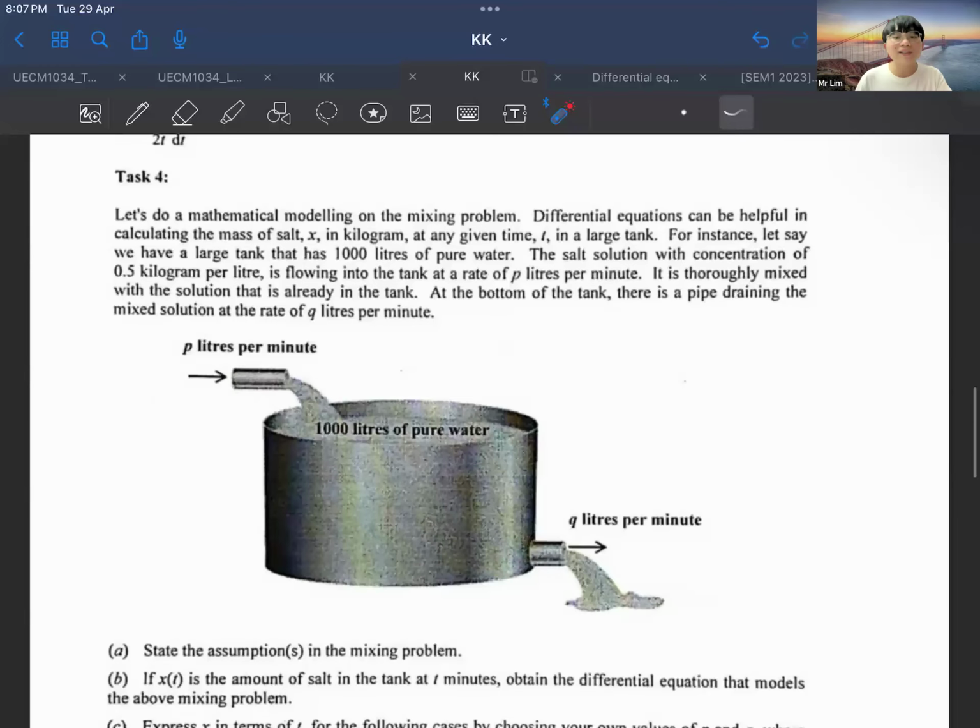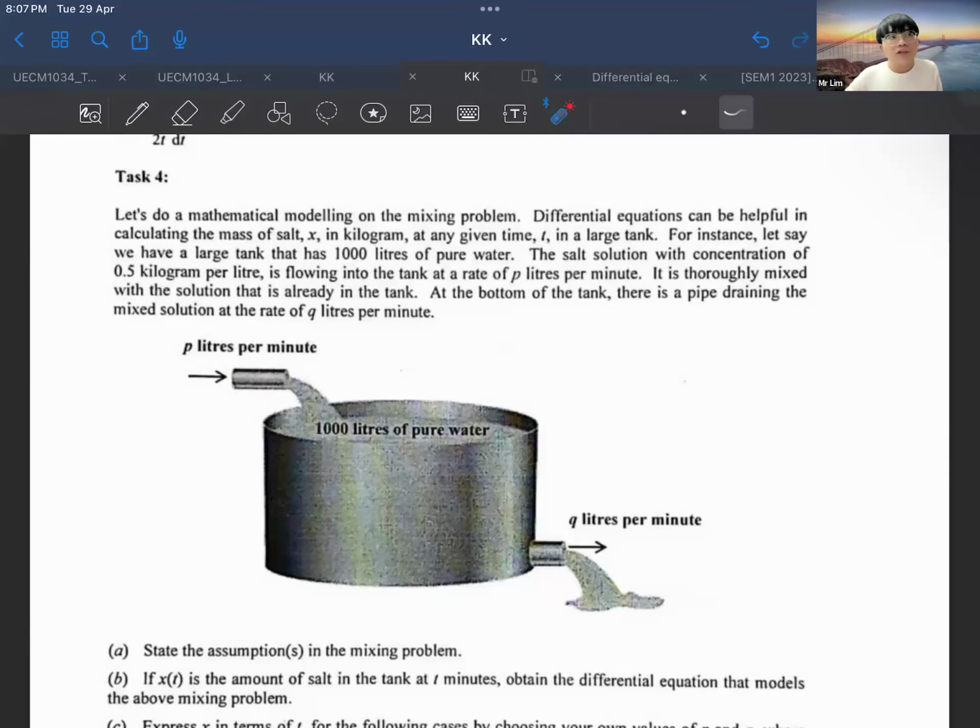So task 4 is basically an application problem. It's a very classical application problem, what we call a mixing tank problem or mixing problem. You have a tank, you add some water in, you put some water out, inflow, outflow. What is the concentration? This is the general idea.